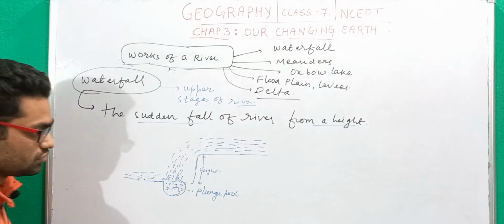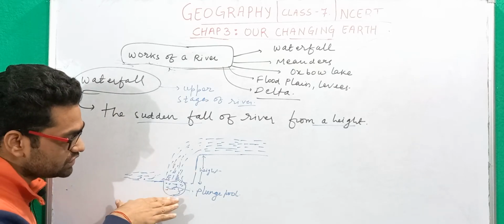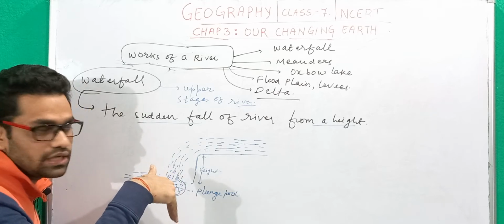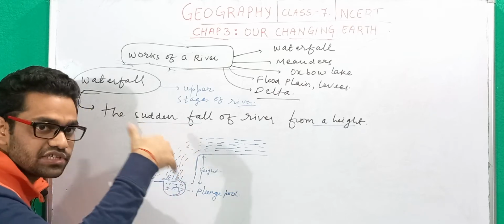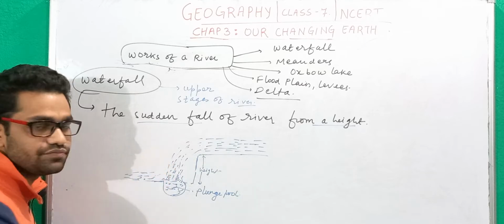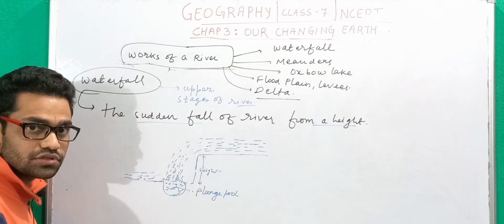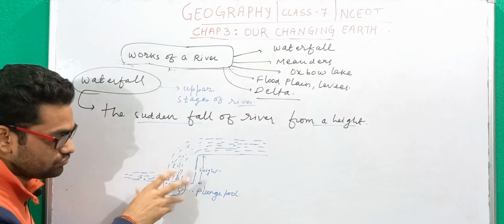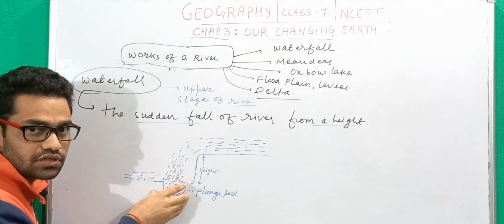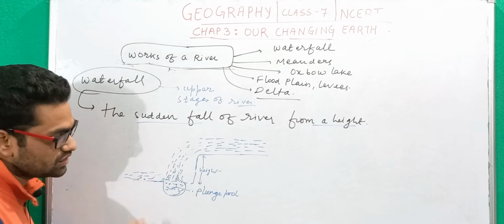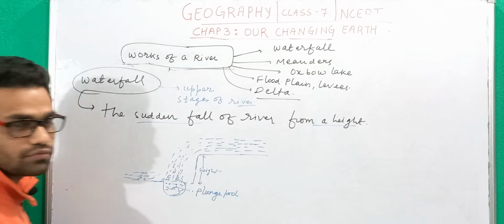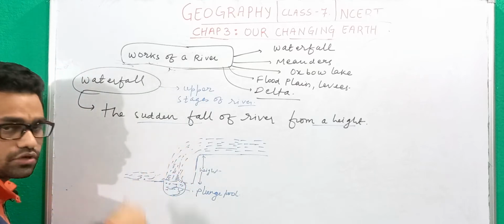This is to ensure that tourists do not enter here, because this area has great depth, and the falling water also has a great amount of force or energy, so it can cause destruction or damage. If a person comes here, he may get drowned. So that is why you will find barricading around the area where the water is falling on the ground.